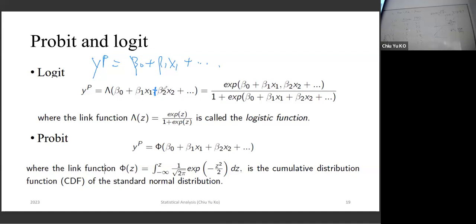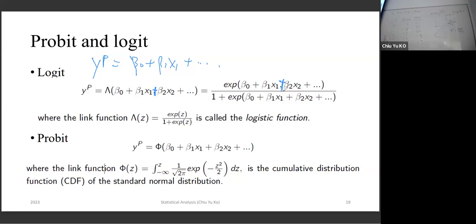And why is that the case? Because if this term is very big, the exponential of it is very big, and the ratio is close to 1, right?